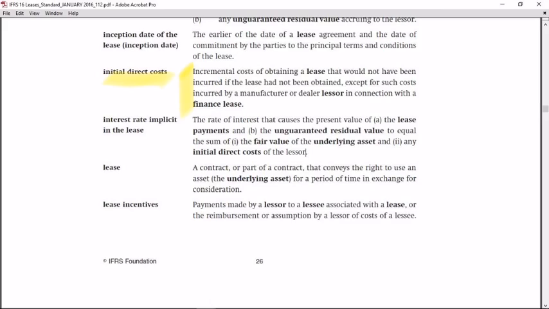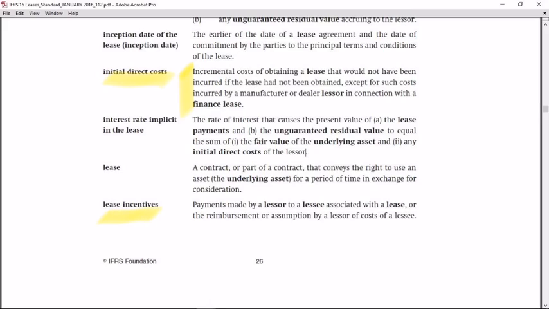We do not look at manufacturer or dealer lessors at this point. So important to note, initial direct costs incurred by the lessee will form part of the cost price of the right of use asset, but this should then meet the definition of incremental cost that would not have been incurred if the lease had not been obtained.